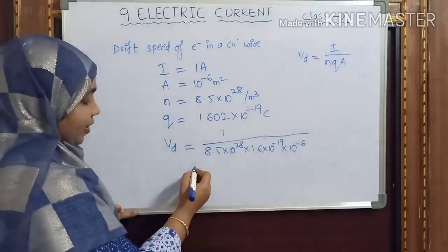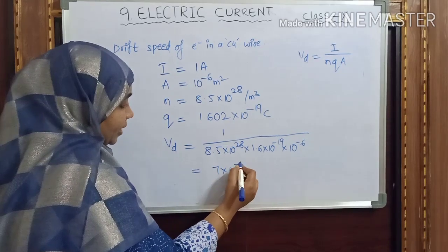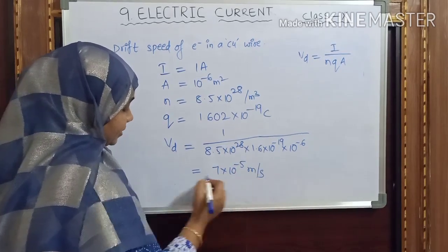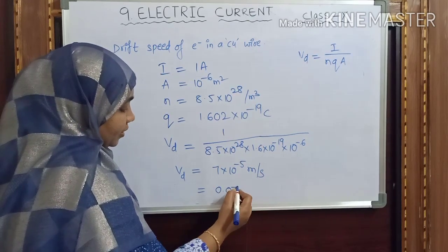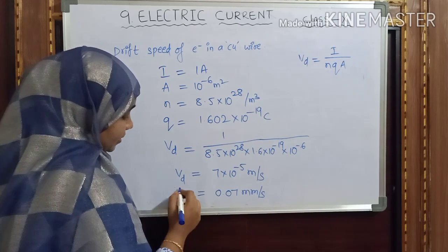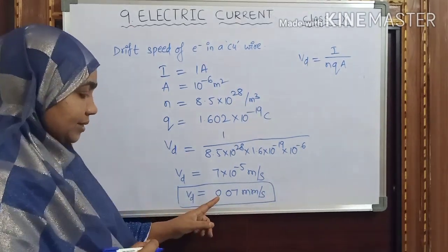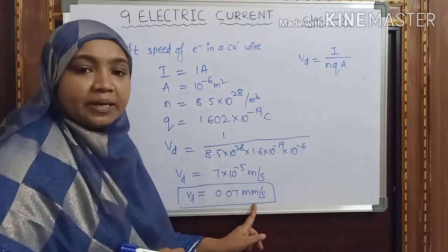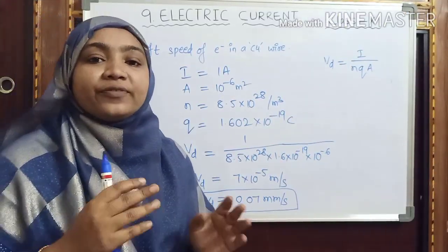By simplifying this value, we get 7 into 10 to the power of minus 5 meters per second, which is also equal to 0.07 millimeters per second. This means an electron can move in a copper wire 0.07 millimeters in 1 second. This shows the electron is moving very slowly.